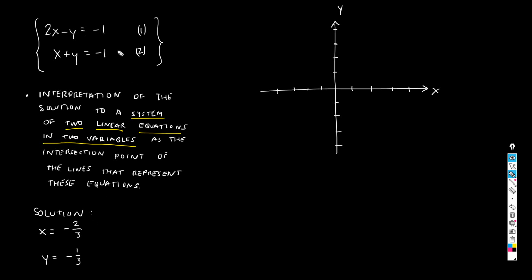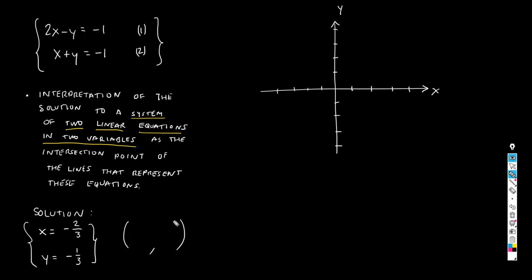Okay, in the context of systems of two linear equations in two variables, the solution to a specific system is usually written in this way. This solution, which is perfectly valid, perfectly okay, is usually written as a point. You remember points? (x, y). You remember that?